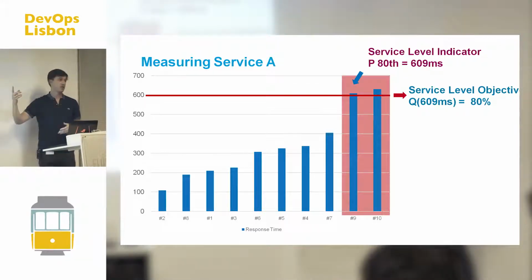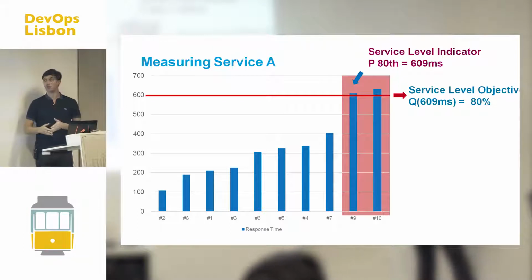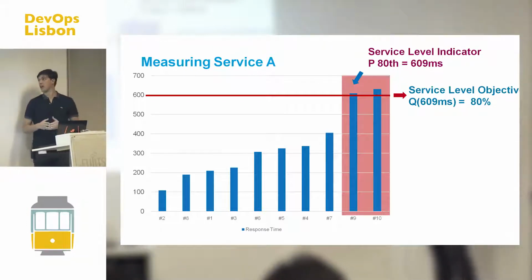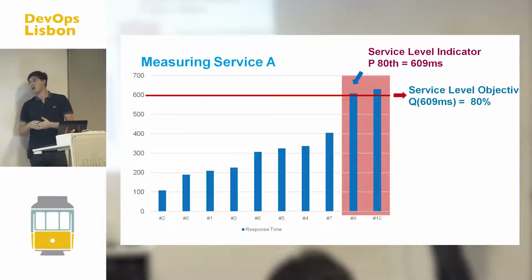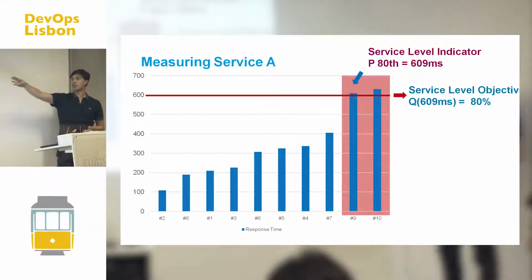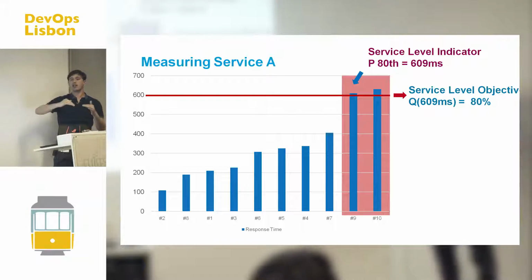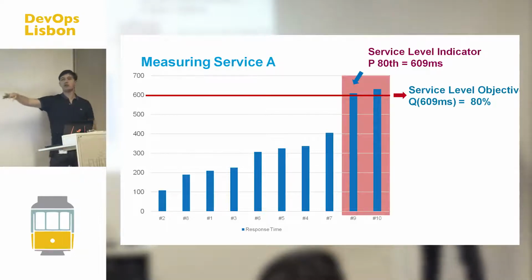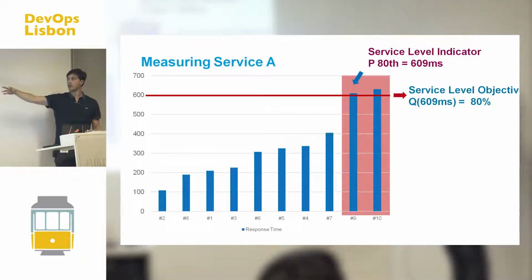So percentile 80 is not very common. You usually do the P90, P95, P99, and so on. But if we had the average, given that there is this imbalance, and usually it's not a uniform distribution of response times, it wouldn't give you the same information, right?